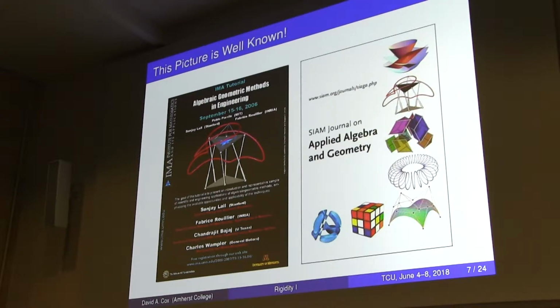Also, this features prominently on the poster for the whole year. And then, of course, it's also on the cover of the SIAM Journal on Applied Algebra and Geometry. And so we've now seen 2 of these things on the cover, up close and personal.